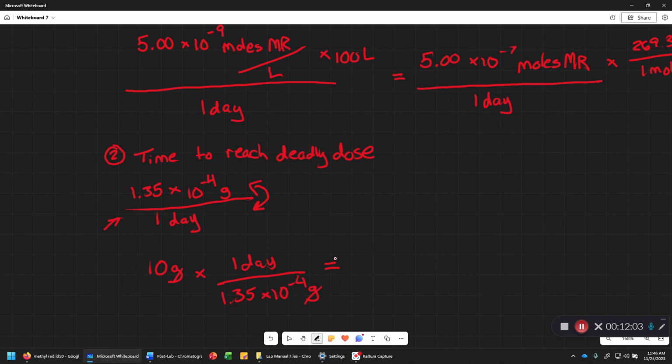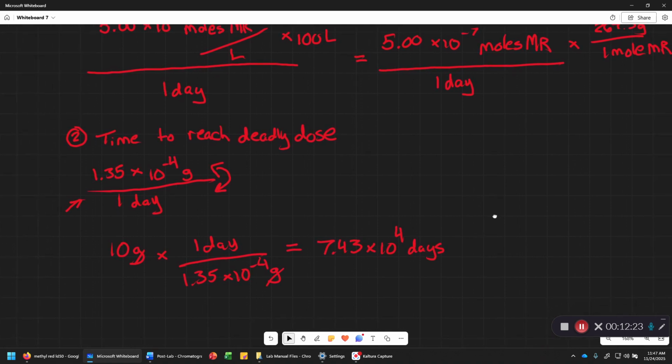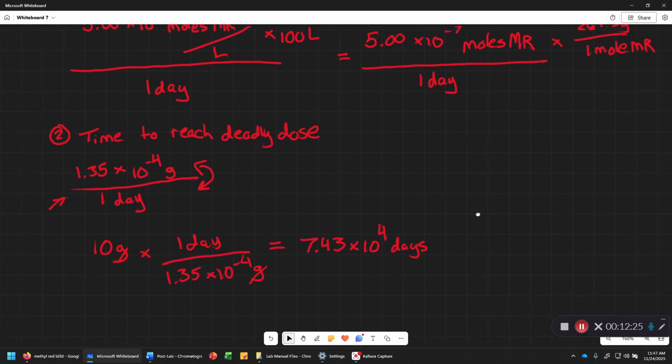We're taking 10 and dividing it by a small number, so we're going to get a big number for an answer: 7.43 times 10 to the 4th days. So it takes that long for the fish to get a lethal dose of methyl red.